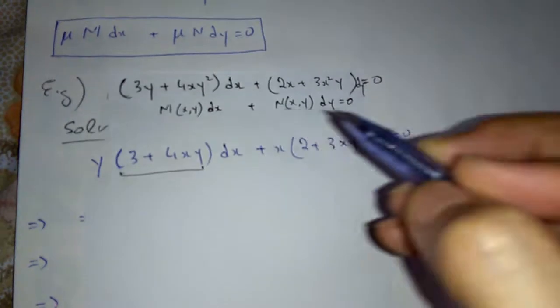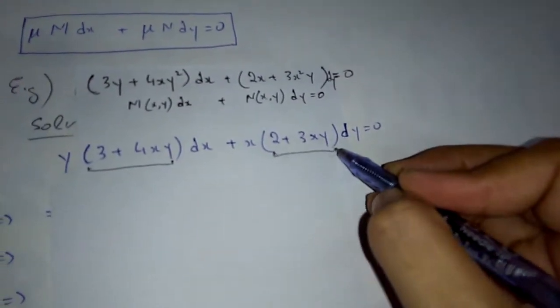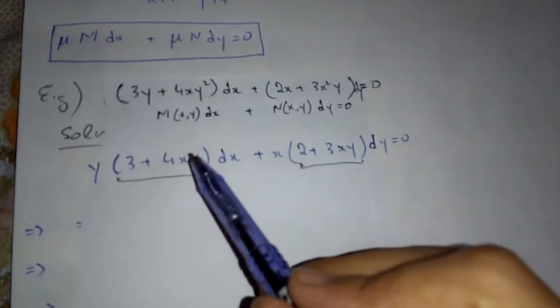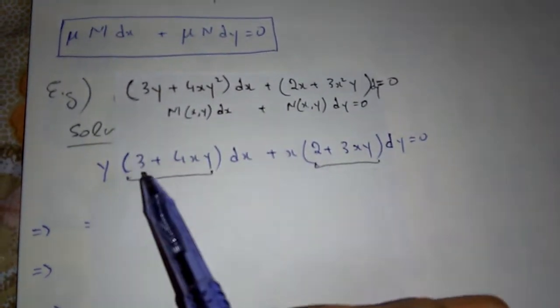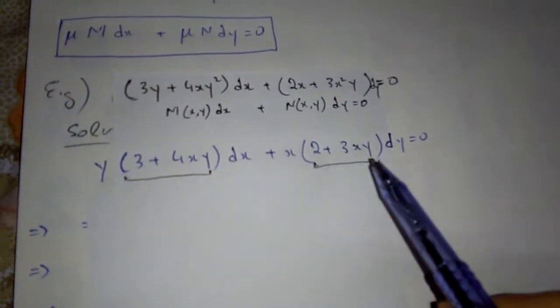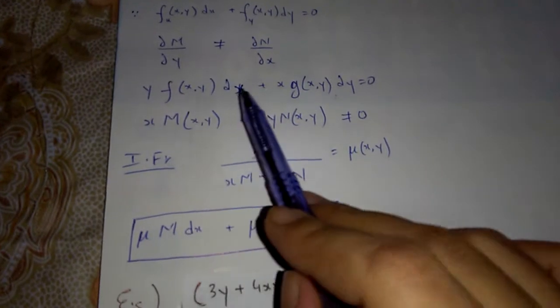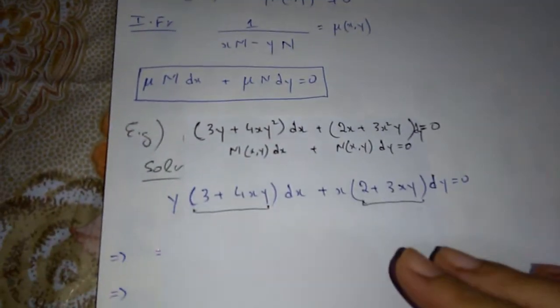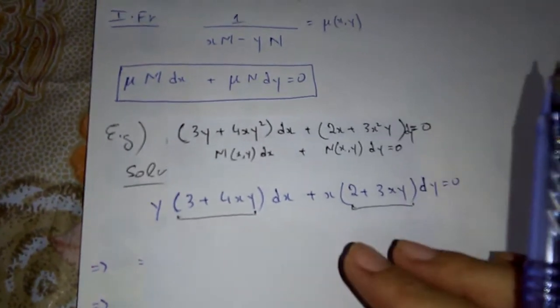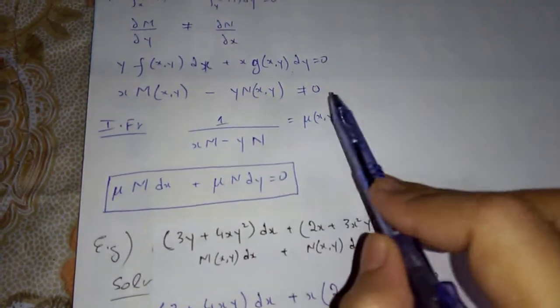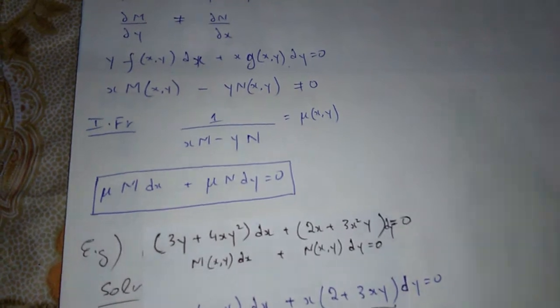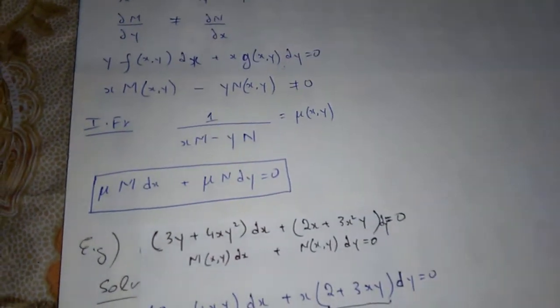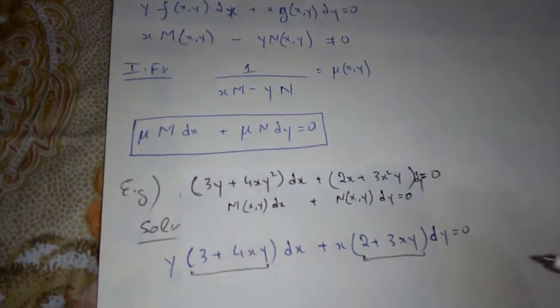This one is totally different from this one. That's why we represent this as f(x,y) and this as g(x,y) over here. I hope the theme is now clear in your minds. Now we are going to use this strategy to check whether it really gives a non-zero result or not.